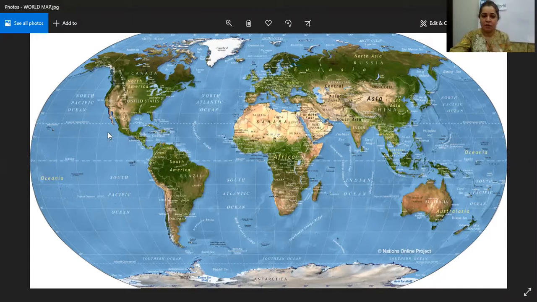We did this part of North America at the upper left side, and then there was South America over here. We did these two continents, and today we'll be doing this part, Asia.